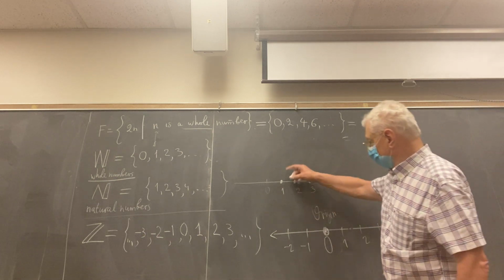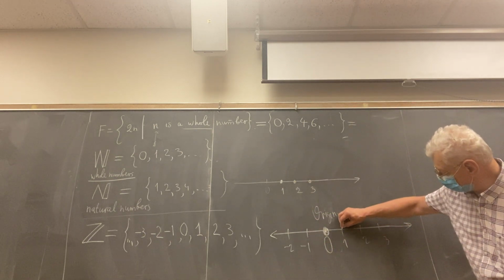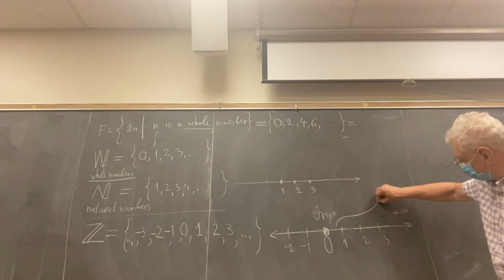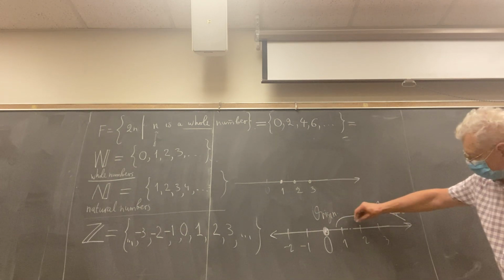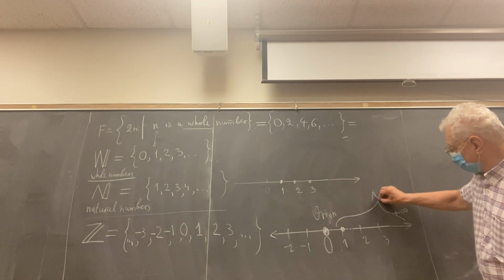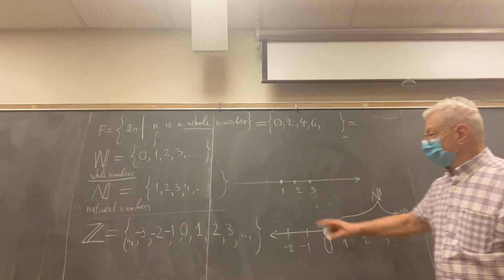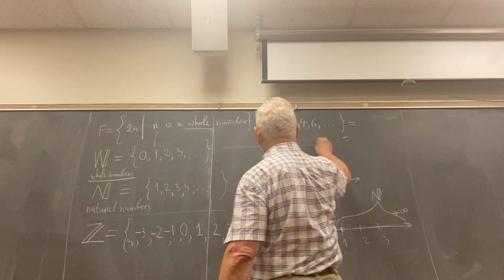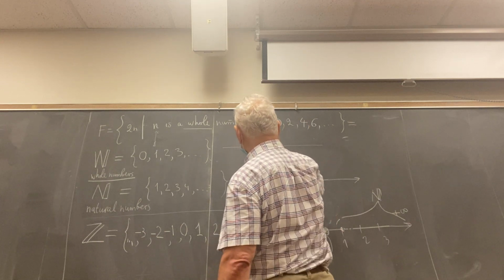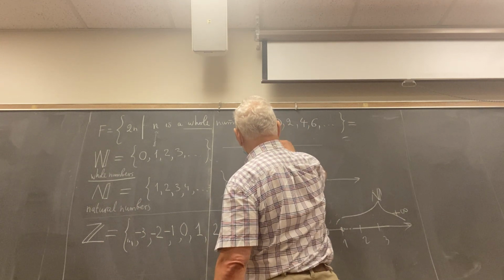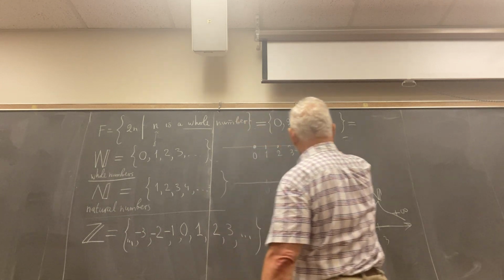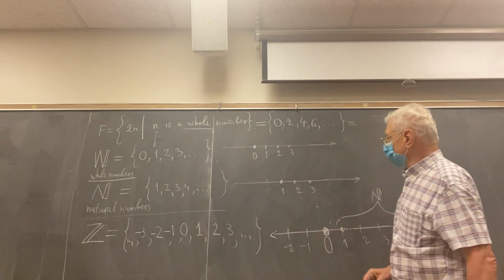N has only this one, so N is that part, if I go only from this point. Now what are whole numbers? This time I must include 0, then 1, 2, 3, and so on up to infinity.